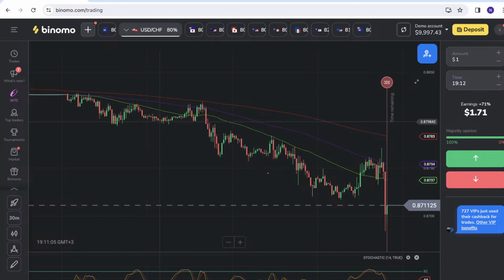Again here, if we check the chart, I can see that price is testing the support line, but stochastic doesn't give signals for the down trade because it is still in the overbought zone. We get signals when stochastic breaks the 80 level from top to bottom. At this point, we can see price testing the 100 simple moving average.